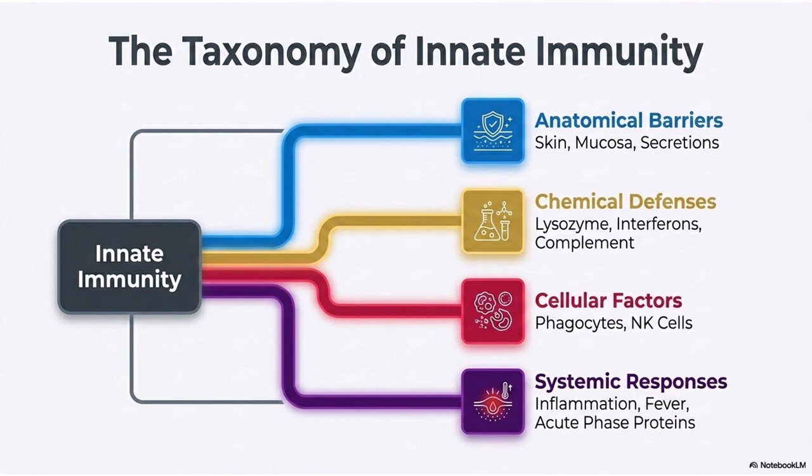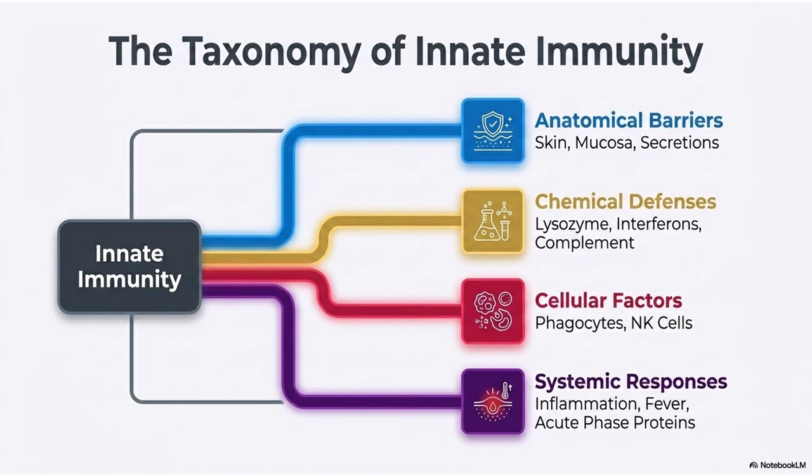The first one is the anatomical barriers. That is our skin, which is the largest organ in the body, is one of the most beautiful barriers against infection. Along with it, there can be some mucosa and secretions which do not allow the infections to settle down in a particular part of the body. Same way, the body also produces some chemicals like lysozymes, interferons, and complement factors.